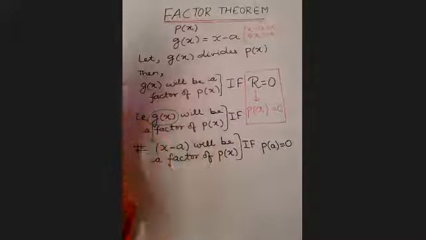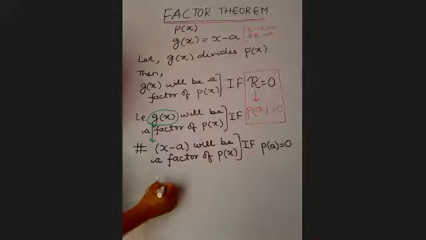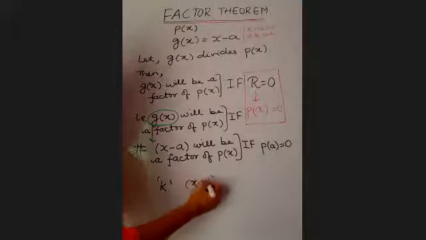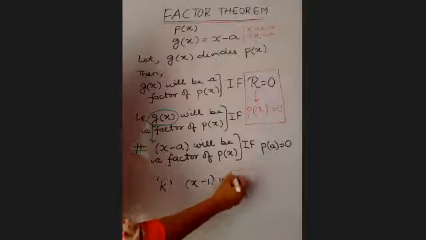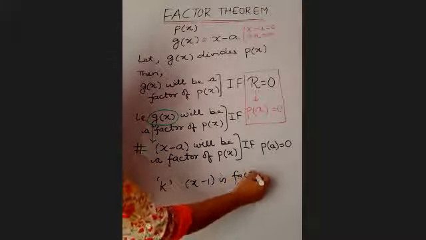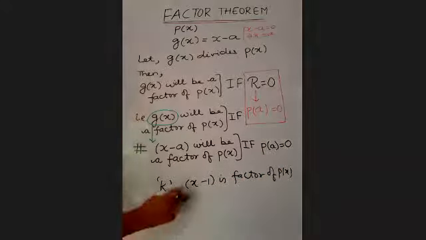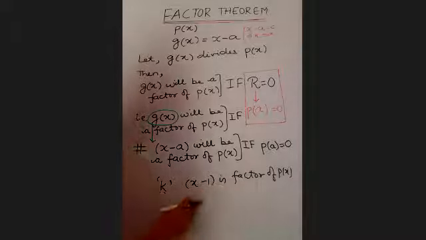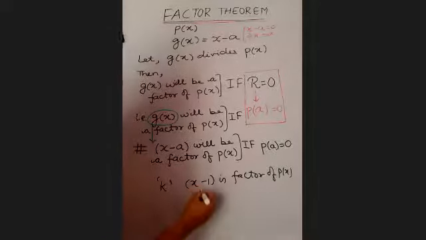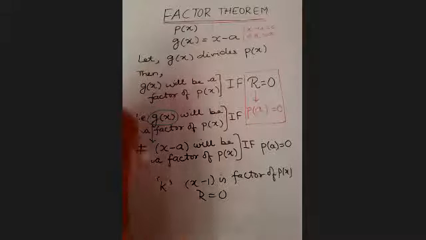And if you remember, children, we were doing questions like find the value of a. Is x minus 1 a factor of p(x)? You remember we were doing these questions? Since x minus 1 is a factor of p(x), that means remainder is 0, and then remainder would be p(1).